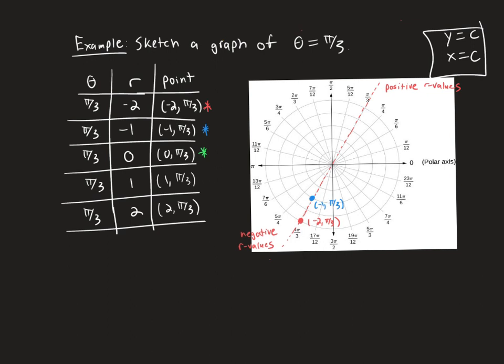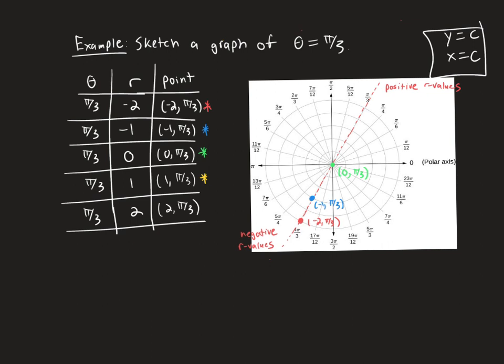Now this doesn't happen when we're talking about x by r definitions. We can't have an r value of 0. It always has to be positive. But in the case of our polar coordinate system, if the r value is 0, it doesn't matter what the angle is. You're always going to be at the origin, or the pole. Remember, we call the origin the pole in the polar coordinate system.